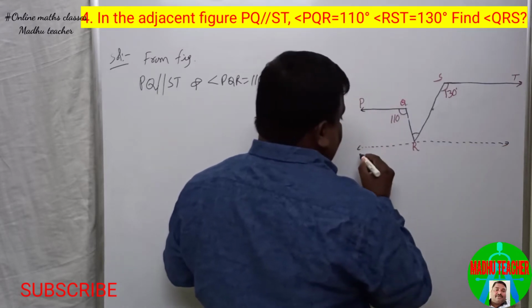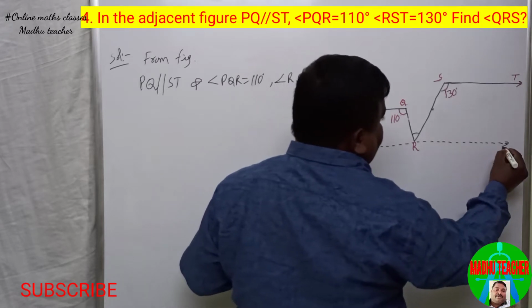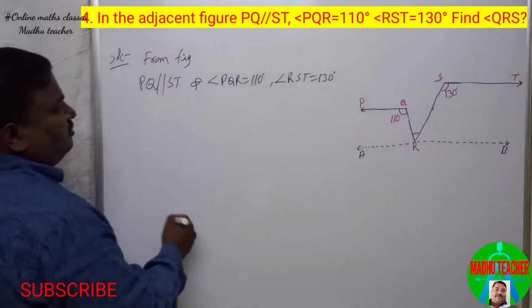Let us take this line as AB. So what have you drawn?